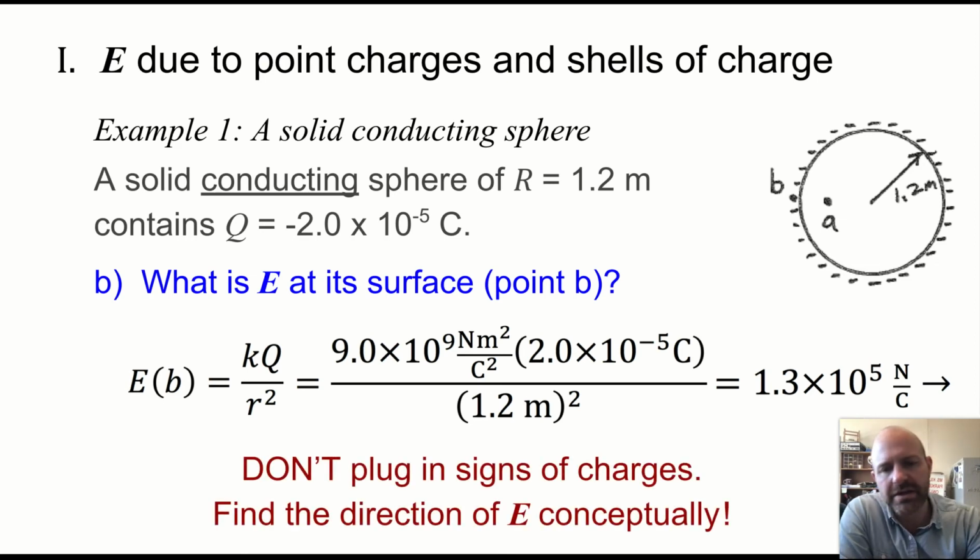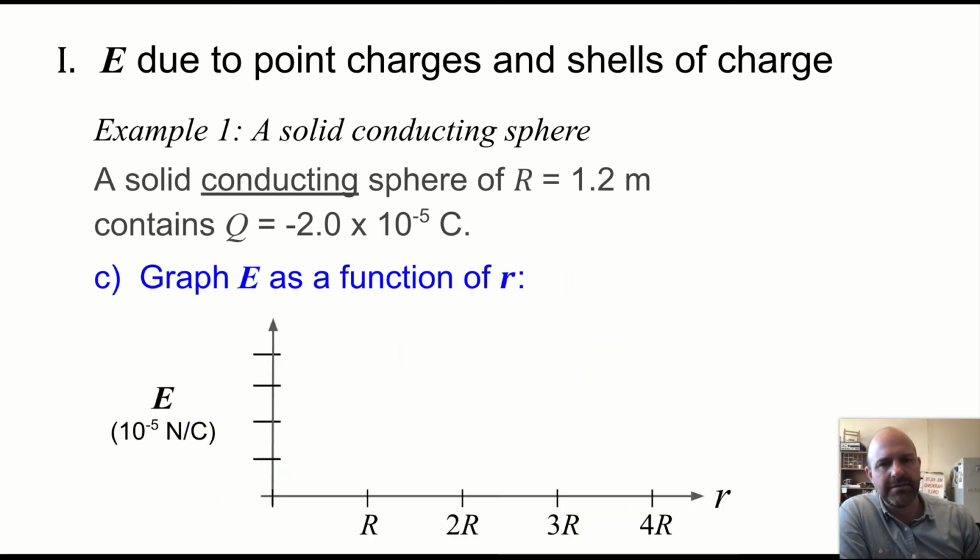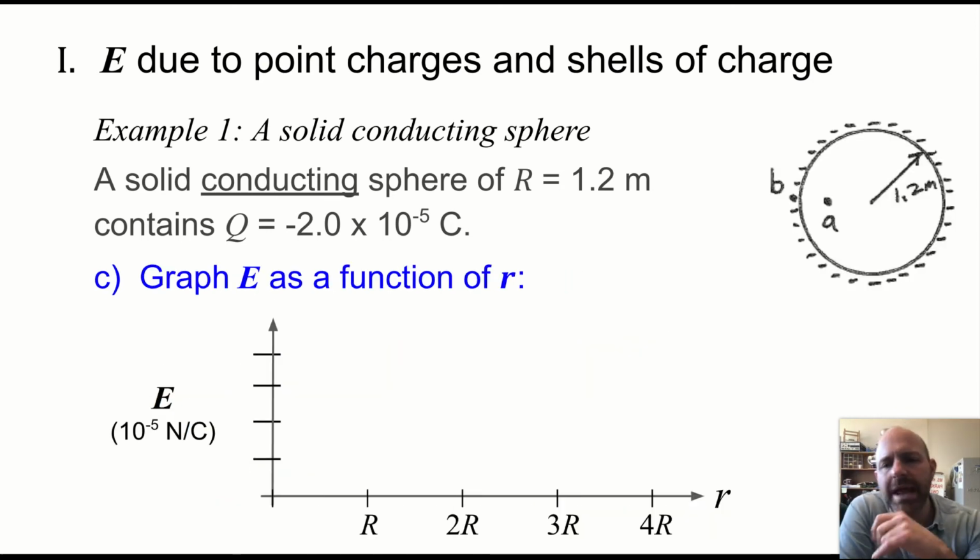We don't want to plug in the signs of the charges, mostly because then we have to figure out what that sign means. It's much simpler to just think about this conceptually, find the magnitude, and then realize that electric field lines always point toward negative charge and away from positive. So we could make a graph and think about if you were going radially out from the center of this sphere, if capital R is the radius of the sphere, then you would say that from 0 to R, the electric field is 0, that blue line.